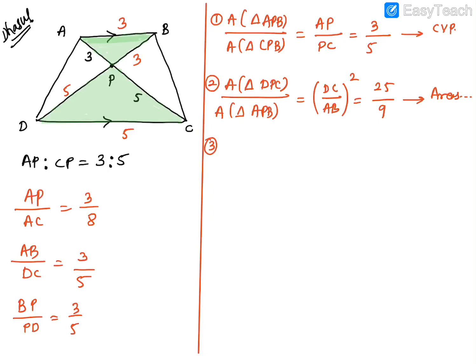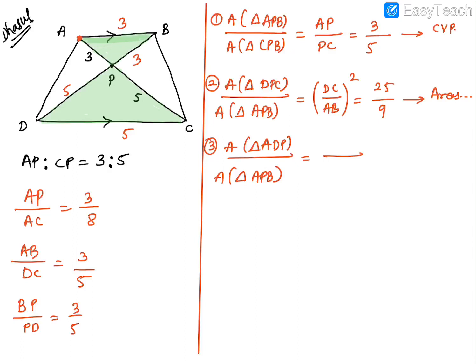Number 3. Now, next part of the question is find the ratio of area of triangle ADP upon area of triangle APB. So what is it now? First figure out the triangles ADP and APB. Again, they have got a common vertex, what?